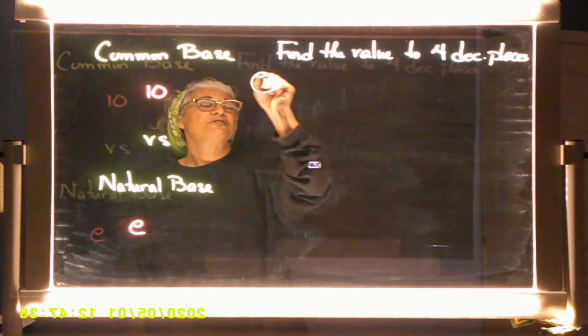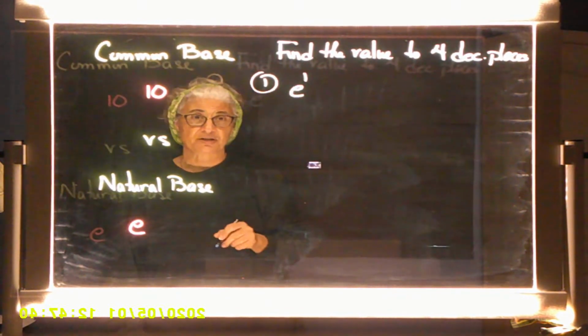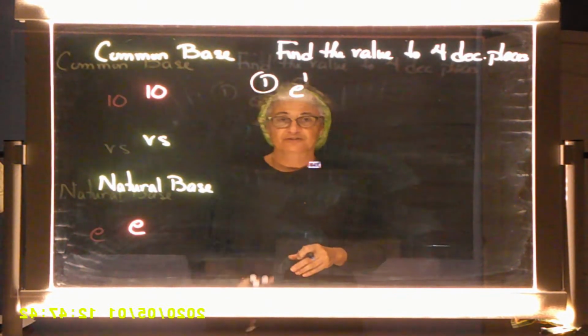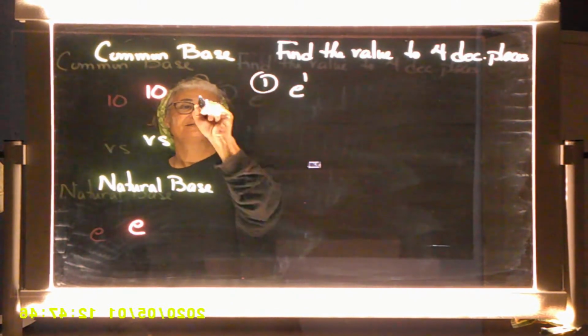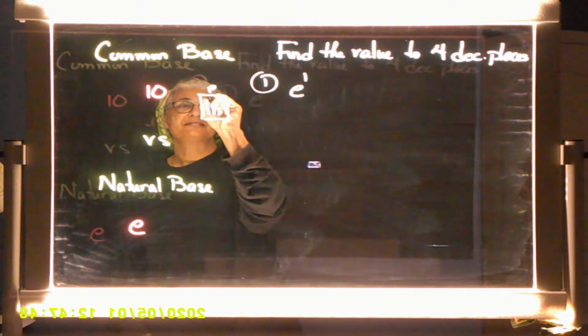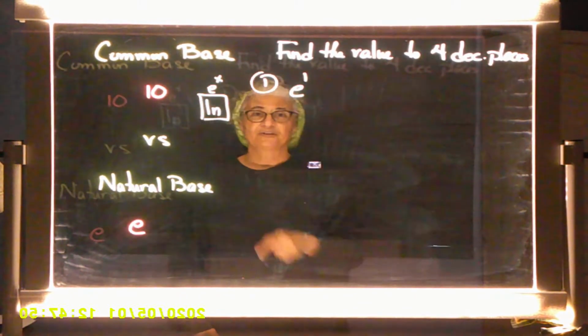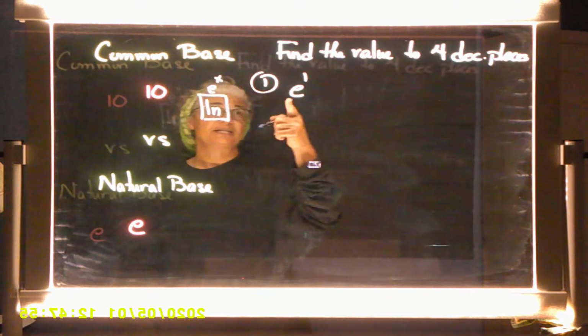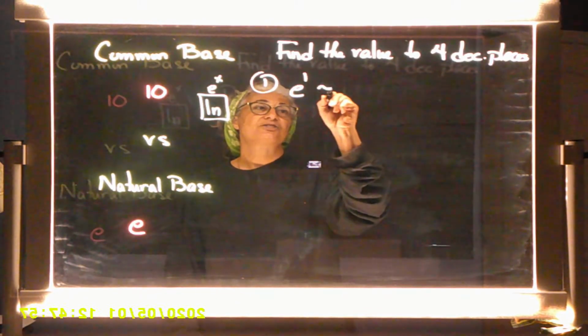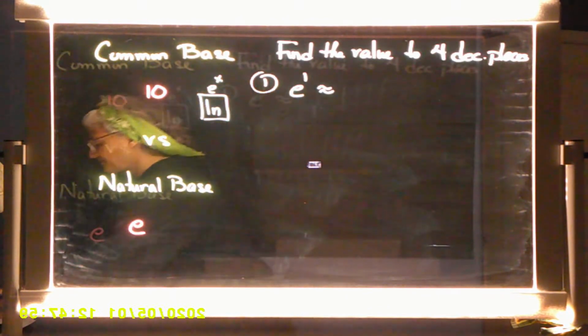The first thing we're going to figure out is e to the power of 1. In your graphing calculators, you have an ln key, and above it is the e to the x key. So go find that on your calculators and punch in e to the power of 1, and round it to 4 decimal places.